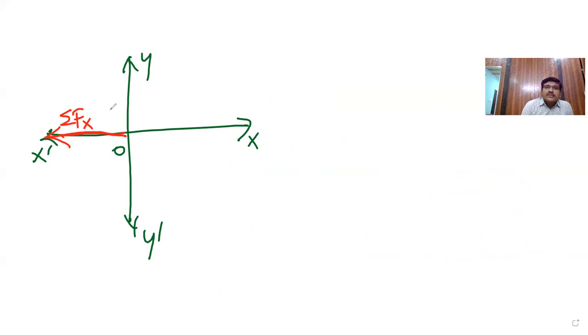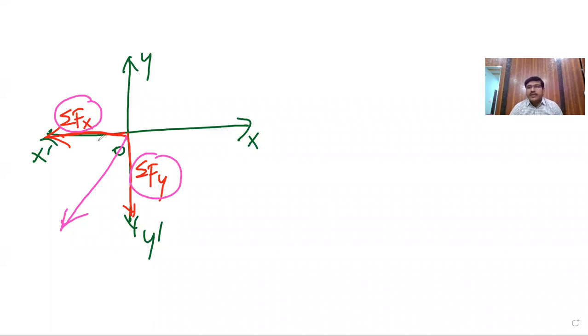Suppose sigma Fy also is negative, then sigma Fy should be along the negative y-axis. Then its resultant will be in the third quadrant. Be careful: while showing the sigma Fx vector and sigma Fy vector, not only magnitudes, but signs and directions also should be taken into consideration. Once you have taken them, you plot in whichever quadrant they are coming.